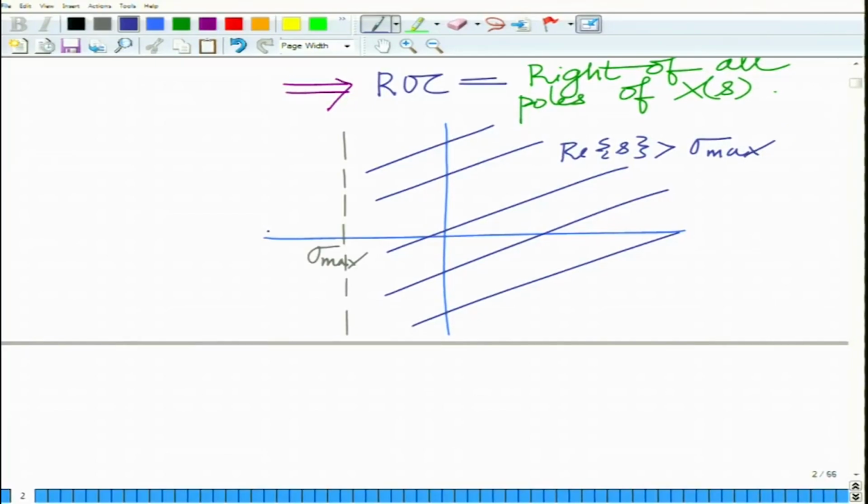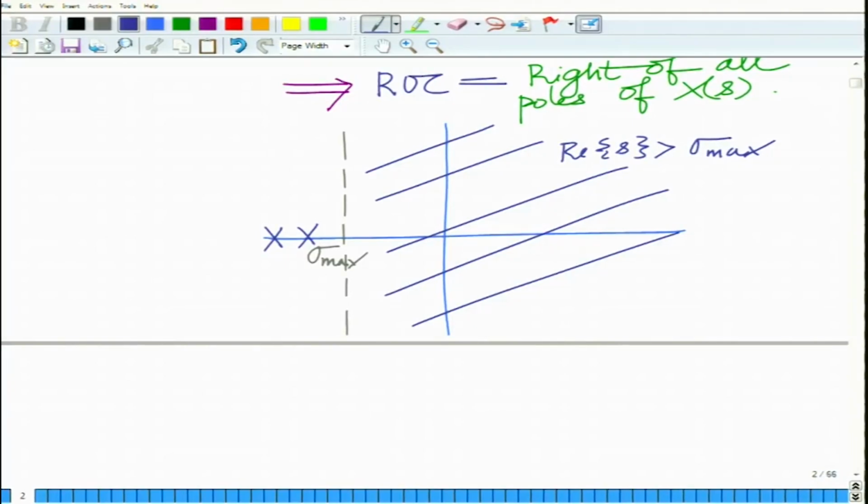Remember the ROC cannot contain any poles, so all other poles are to the left, and the ROC is to the right of all the poles.